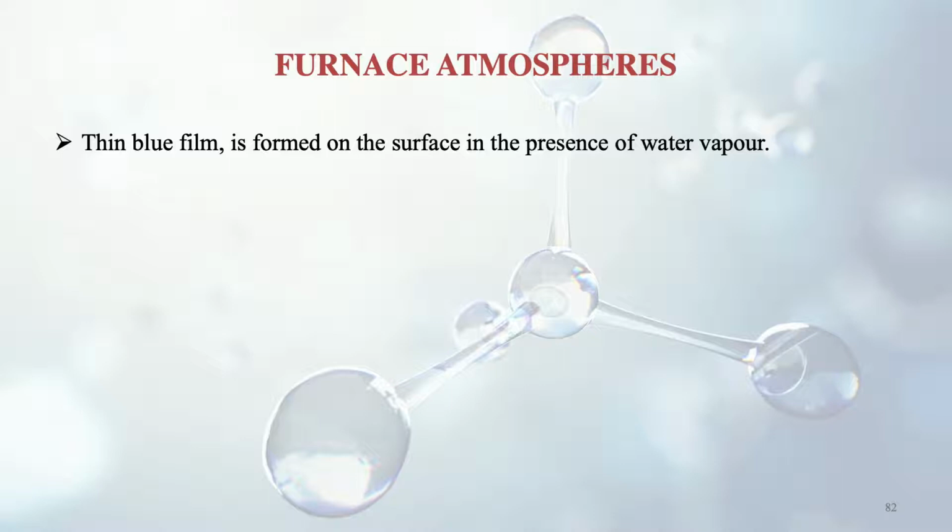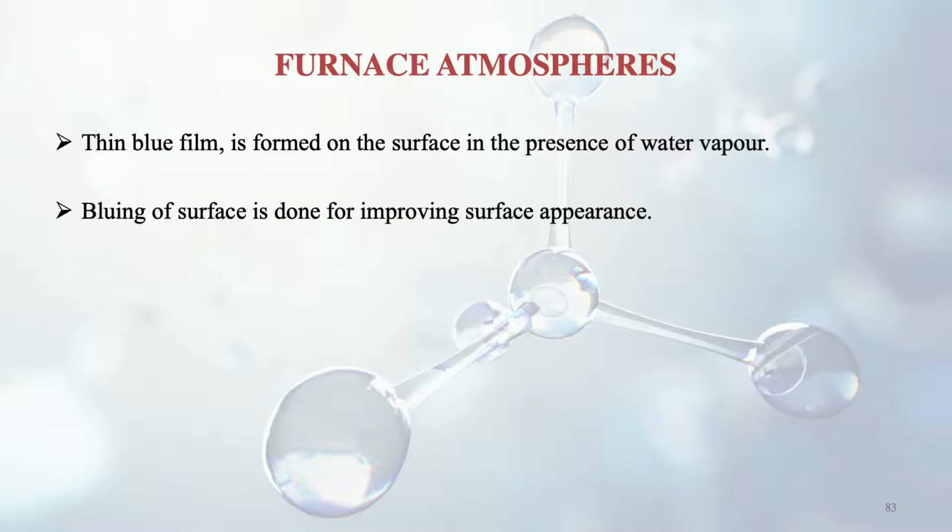We can see that the gas or this atmospheric air type is not that good. A thin blue film is formed on the surface when water vapor is also present, and this bluing of the surface is done for improving surface appearance. And if we use nitrogen, then it will be better because it provides a neutral atmosphere.